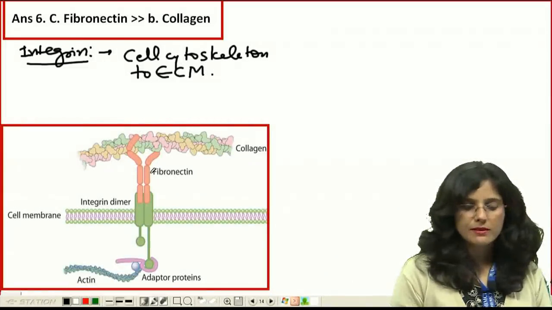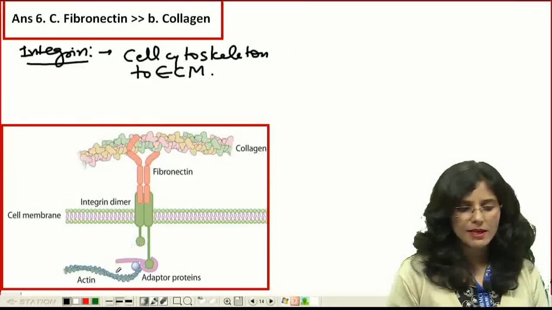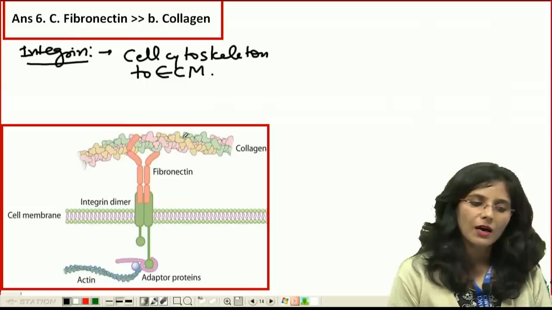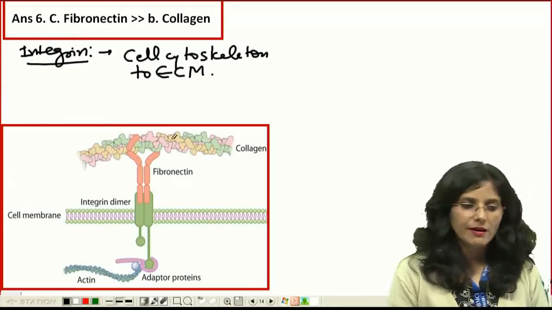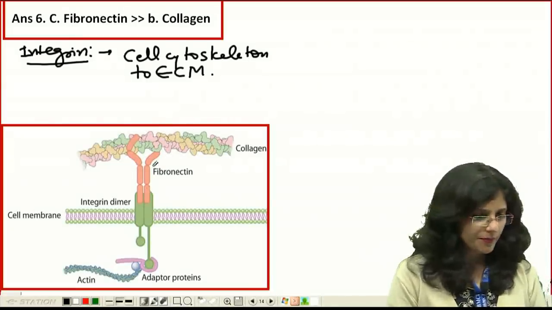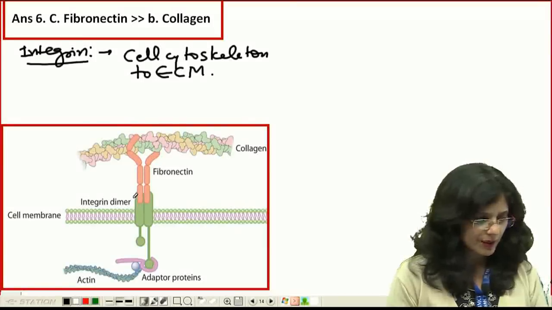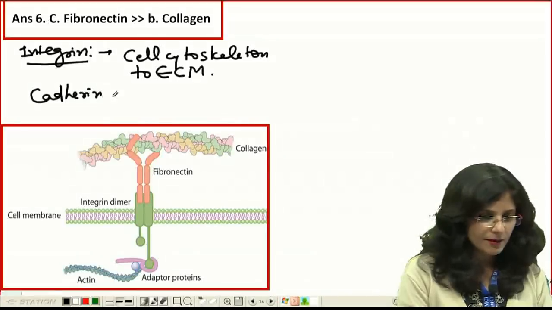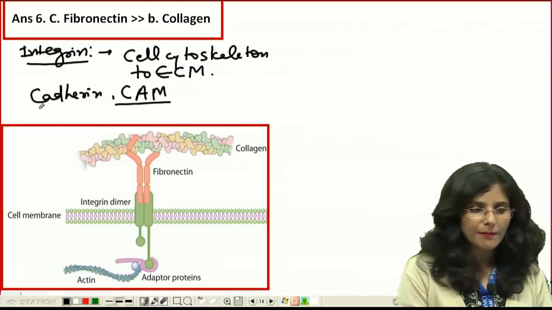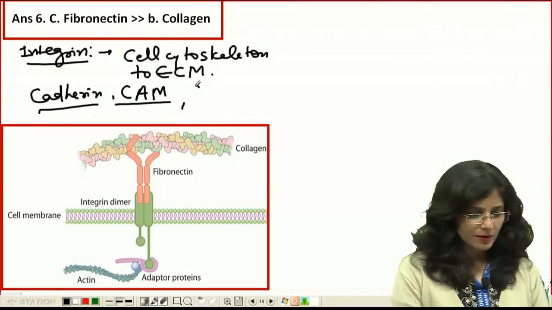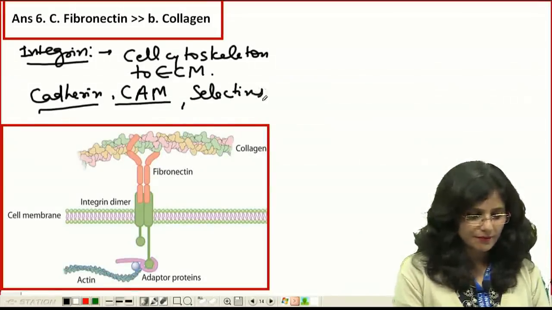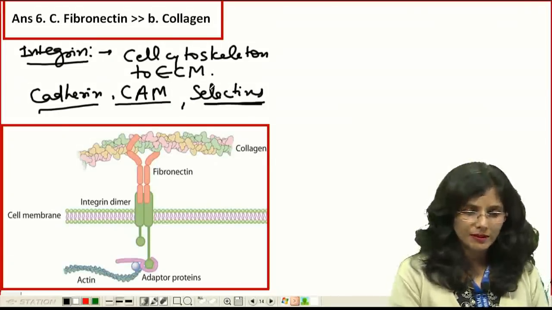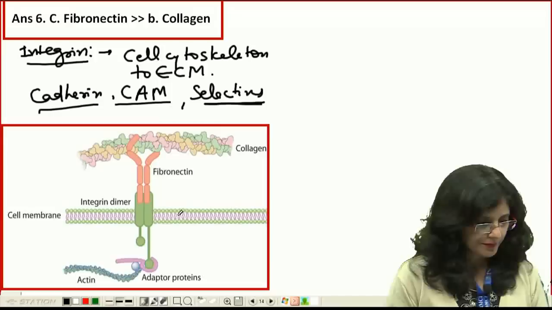It binds mechanically, and it also activates the signal transduction pathway when a ligand binds on the extracellular side. It works with other receptors like cadherins, CAMs (cell adhesion molecules) and selectins, and has an important role in cell to cell and cell to extracellular matrix adhesion and interactions.